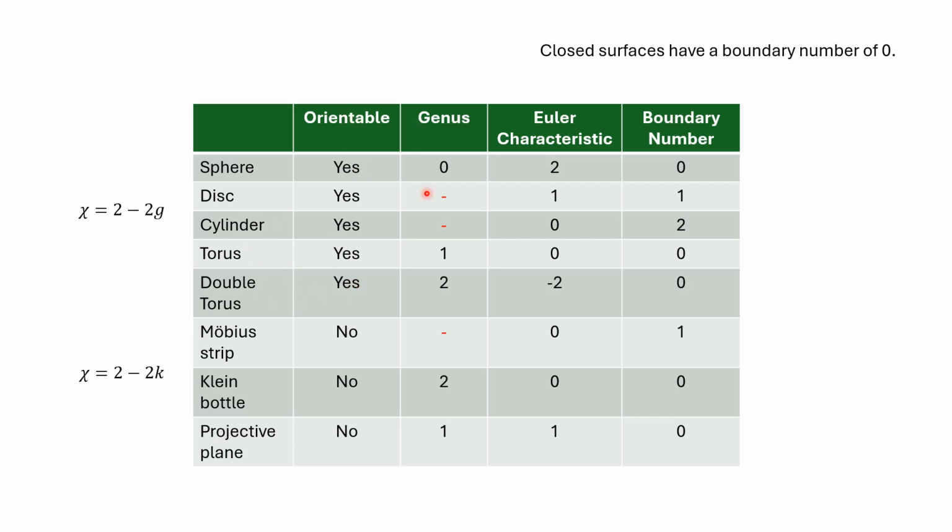Recall our little figure that we used when we talked about orientability, and we can move that anywhere we like on any of these surfaces and come back to where we started, and it would still have this orientation. But if you take this type of figure, a chiral figure, and you move it around a Mobius strip or a Klein bottle or a projective plane and return back to where you started, you're going in the opposite direction.